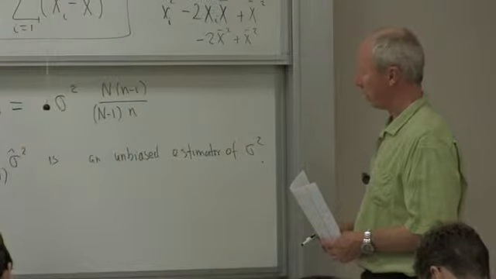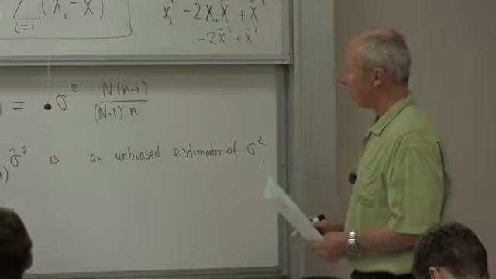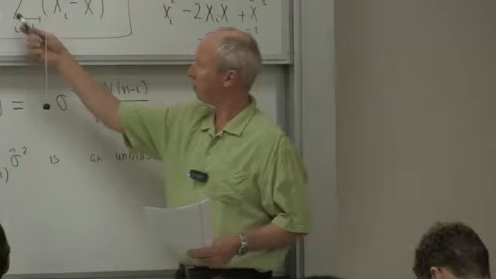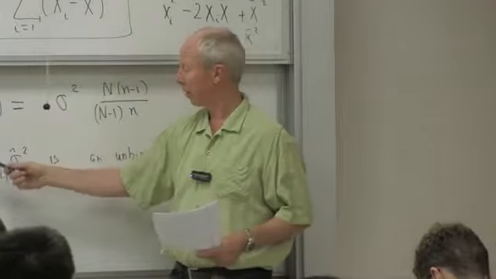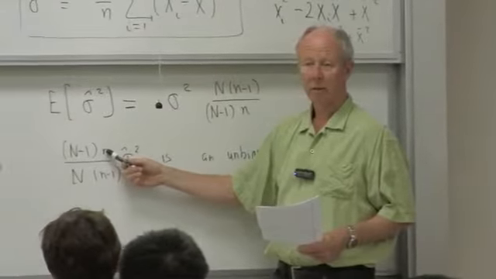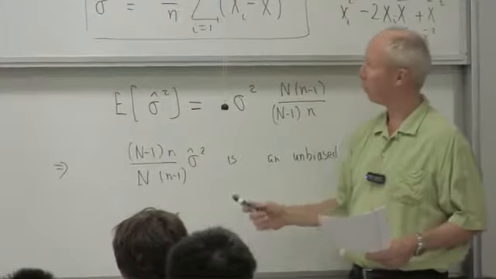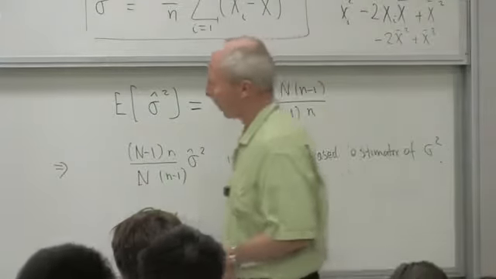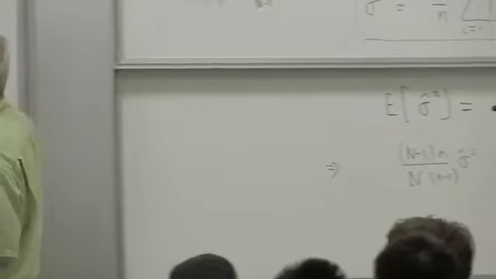Well, sigma hat squared has a 1 over n here, and here's an n. So let's put this in and see what we get.